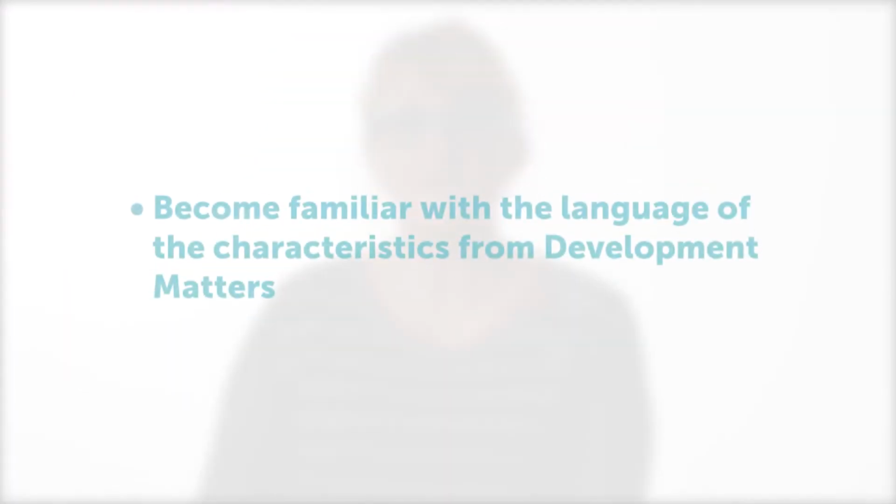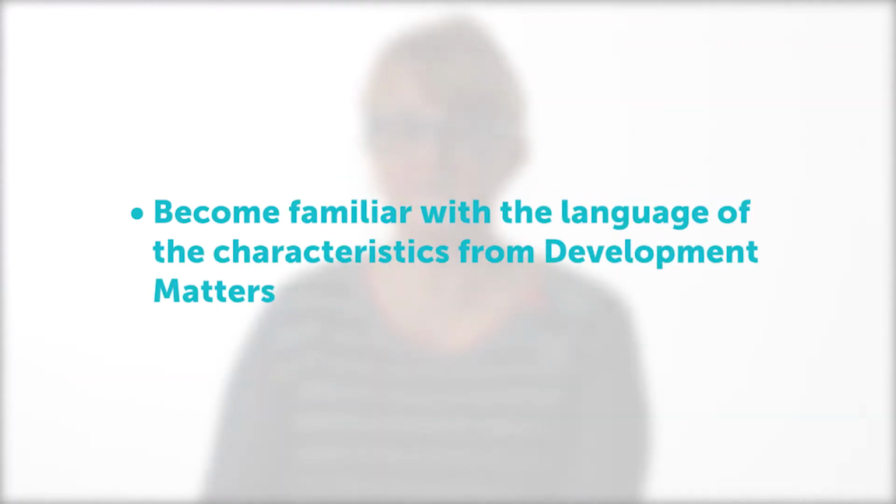For example, there are challenges in this that might involve the adult's lack of understanding of what these look like, how characteristics are demonstrated in the environment, and how children are able to actively show them to you. If you're not familiar with the characteristics of effective learning, you need to review the pages in the Development Matters for your reading material. As I say, these are statutory.